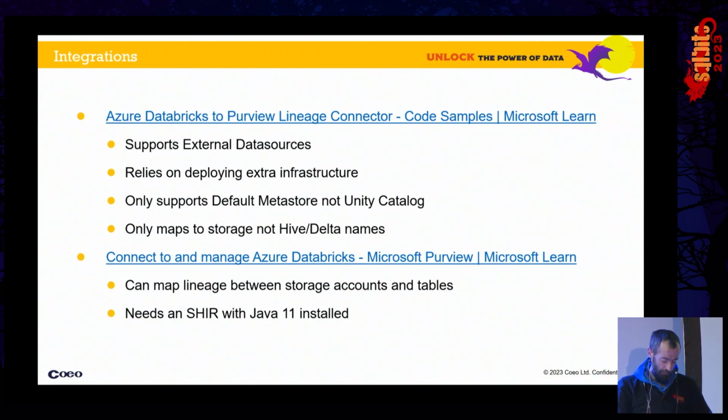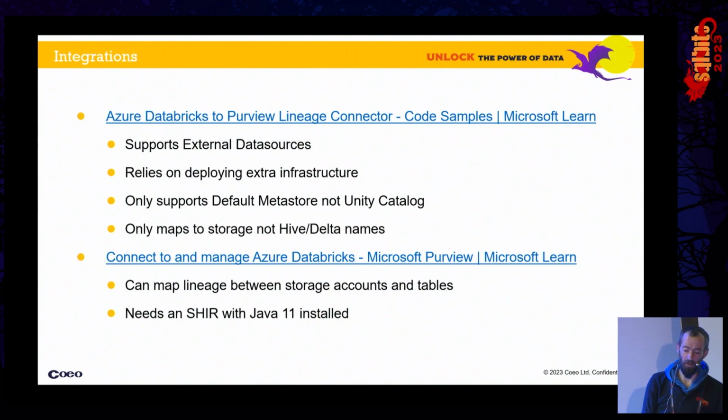Okay, so out of the box, Purview can scan Databricks workspaces. It says it does data lineage. It doesn't. It can actually map a storage account to a table definition, and that's it.